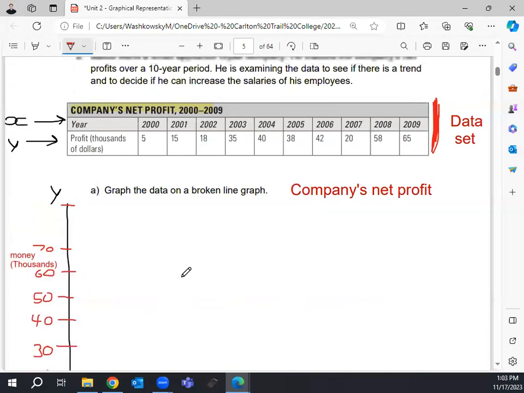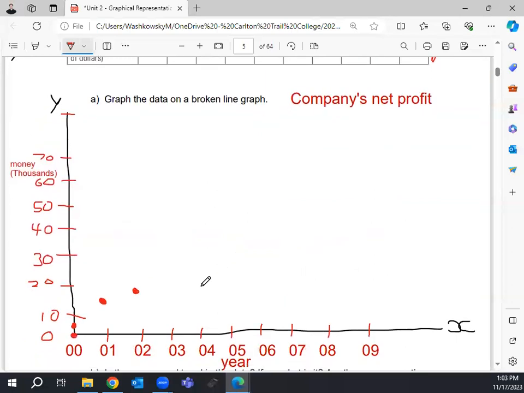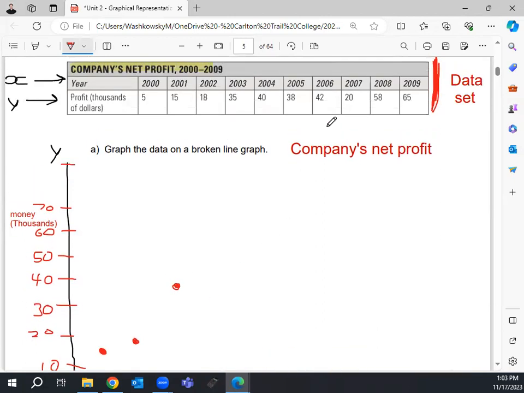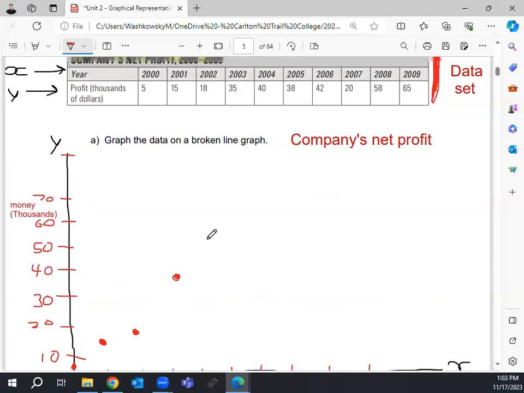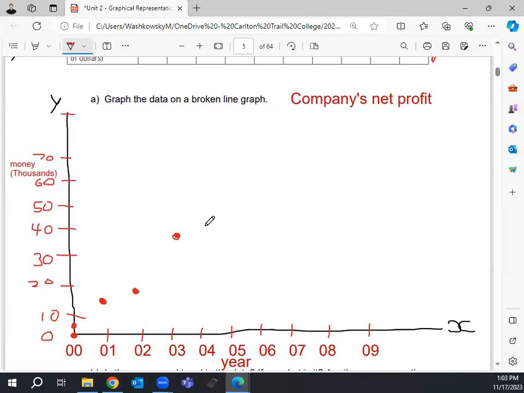So I'm just going to put in all my data points. So 2003, I made 35 grand. It can do that. Companies lose money. 2004 was 40 grand.